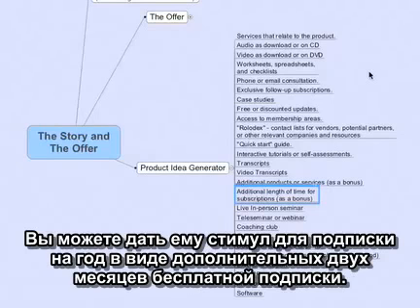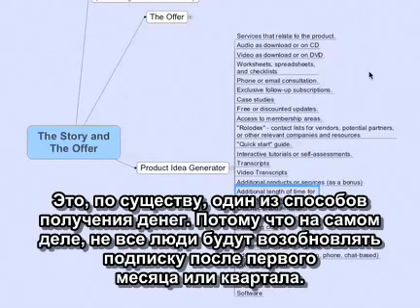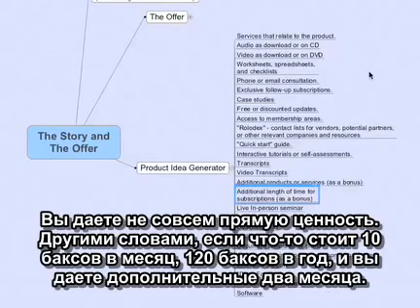You can incent them to subscribe for a year by giving them an extra 2 months, because that way you've got the money in the door, and it's always nice to just add a couple months or an extra month at the end of the subscription, because the reality is on any subscription, not everyone will renew. So it's not like you're giving away straight value.